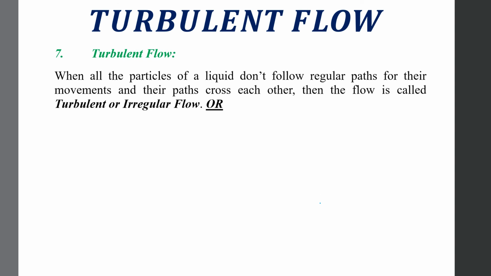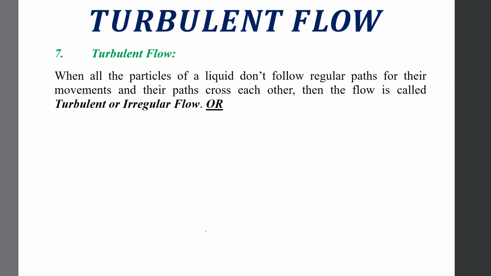So the next type, the seventh type of flow, is turbulent flow, when all the particles of liquid do not follow regular paths for their movement and their paths cross each other. In case of laminar flow, paths of particles were not crossing each other, but in case of turbulent flow, paths will cross each other. So this flow is some type of irregular flow.